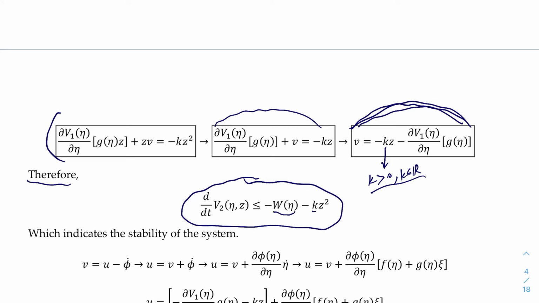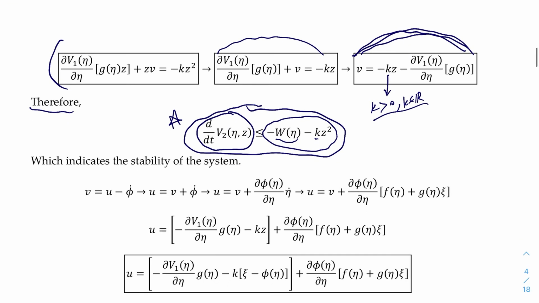Okay, and again this is a positive number and k is positive, so this is a negative function, a negative definite function of eta and z, and the time derivative of v2 of eta z being negative definite is shown to be the case, which indicates the stability of the system.